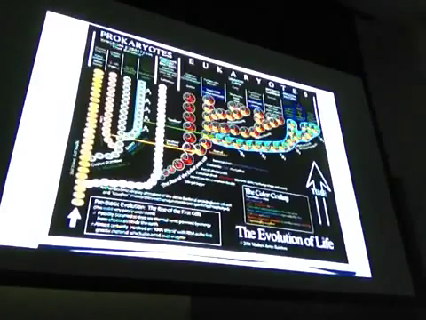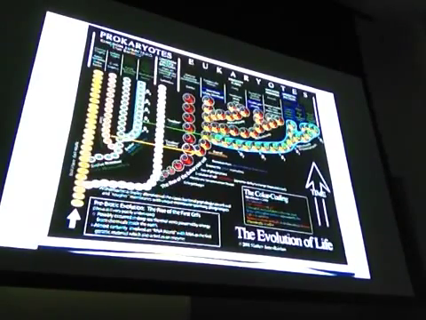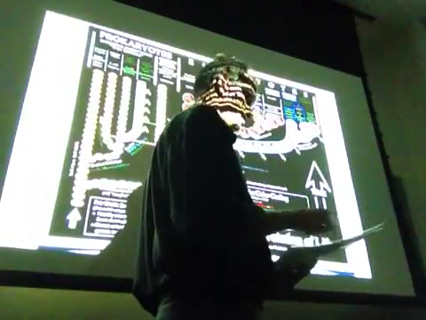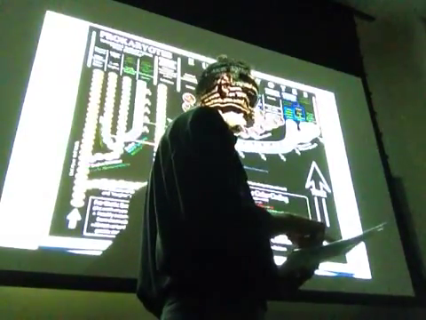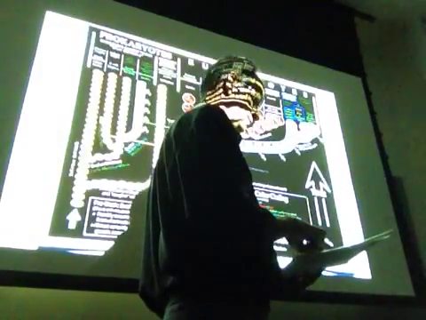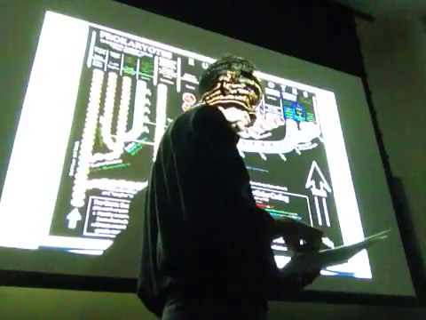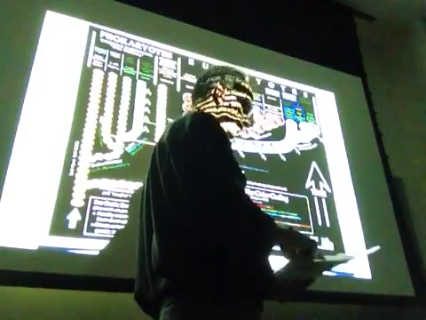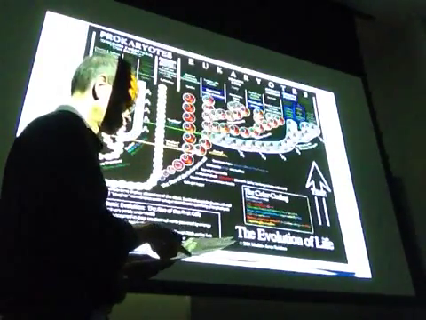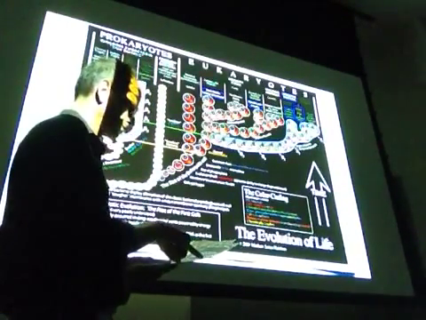Let's keep going here. Okay, we covered this. So two main kinds of cells in biology: small simple cells, which are the bacteria, the prokaryotes, which means before nucleus.